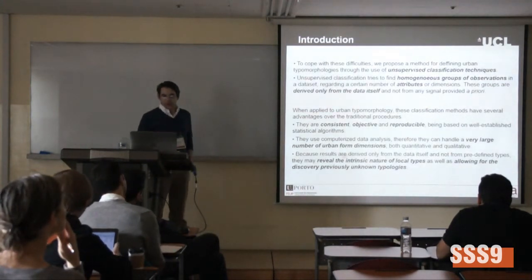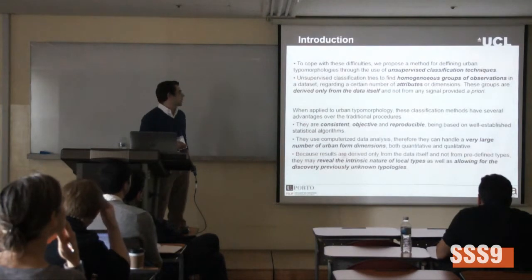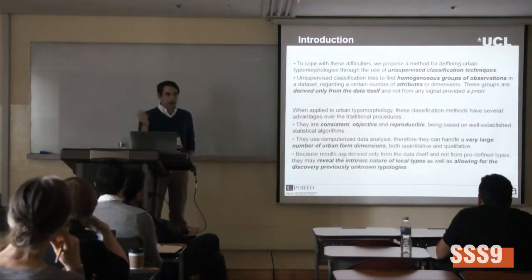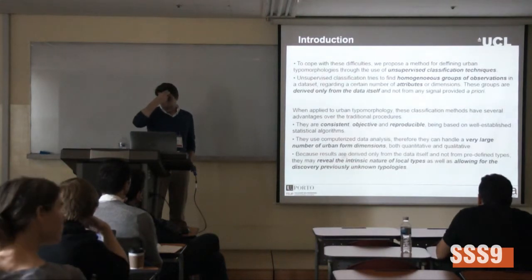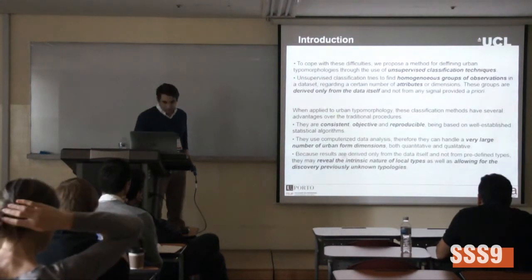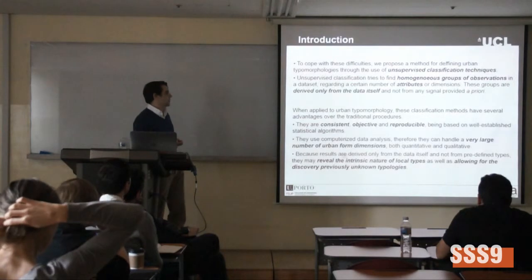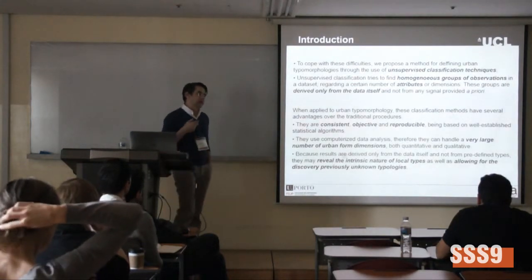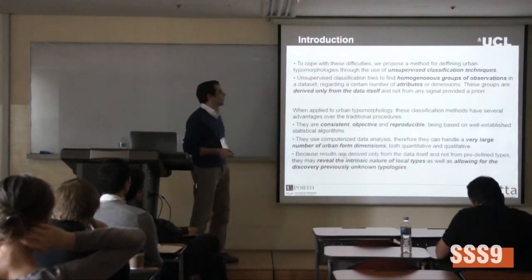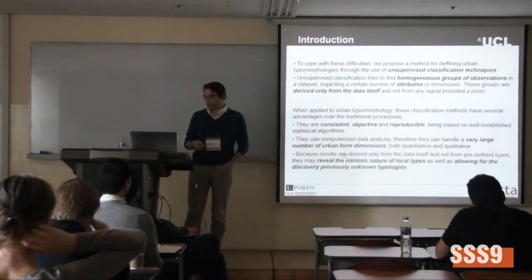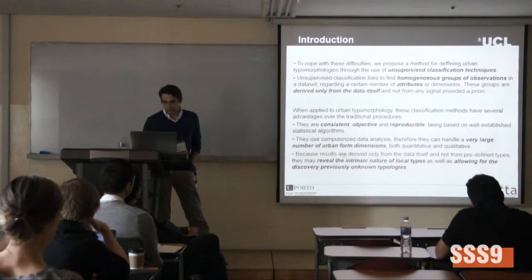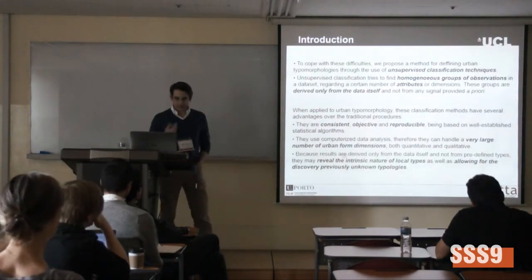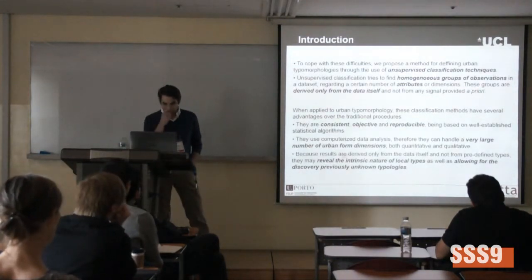They try to find homogeneous groups of observations in a data set regarding a certain number of attributes. But what is more relevant, the classification is derived only from the data itself. There is no final reward provided to the method; it's only the structure of the data itself that gives rise to the classification.